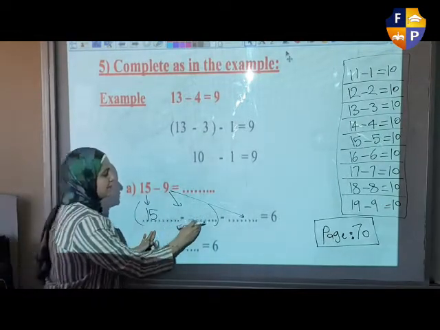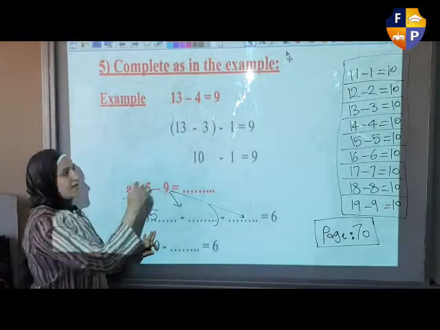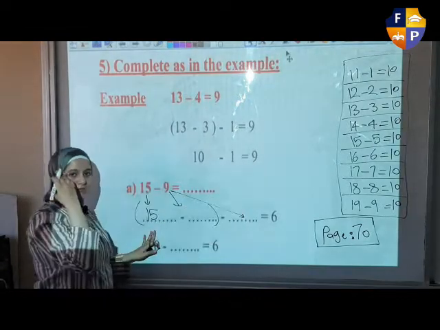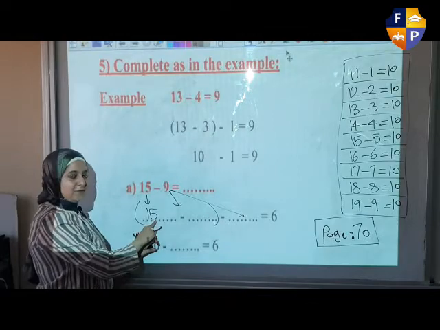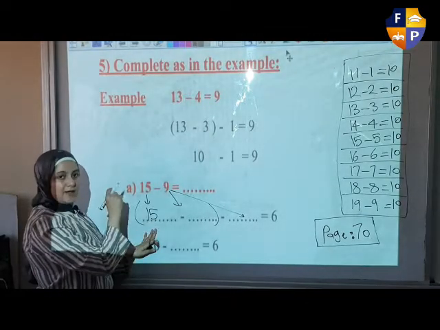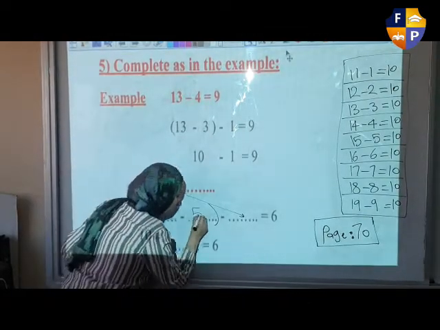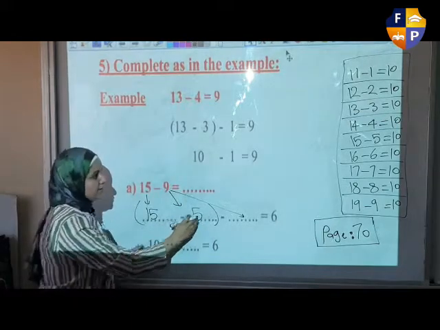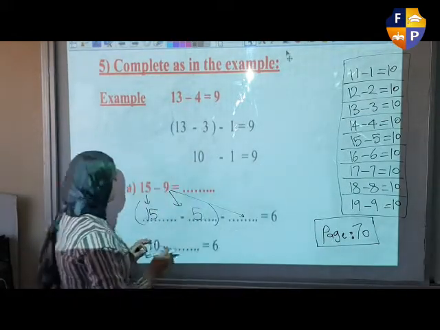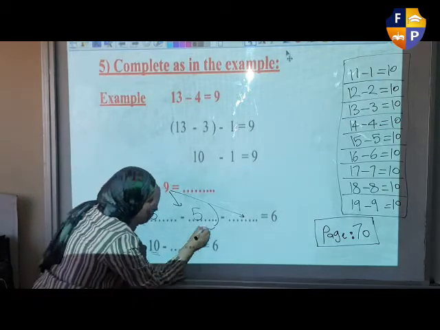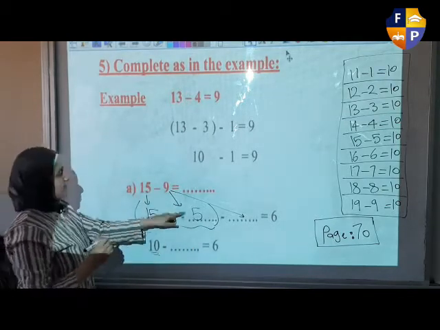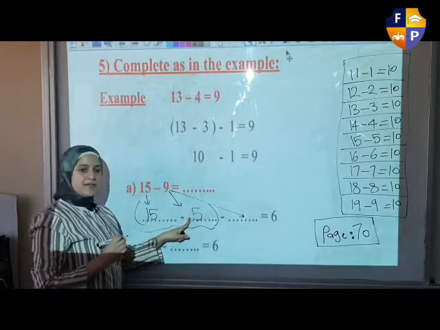So 15 minus what gave me 10. As we said before, if we make it mentally, I will choose a one-digit number which has the same ones. So 15 minus 5, as we said, equals 10. 15 minus 5, here it makes me 10. So the first part of 9 is 5.